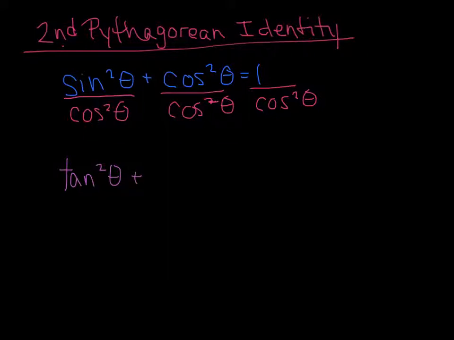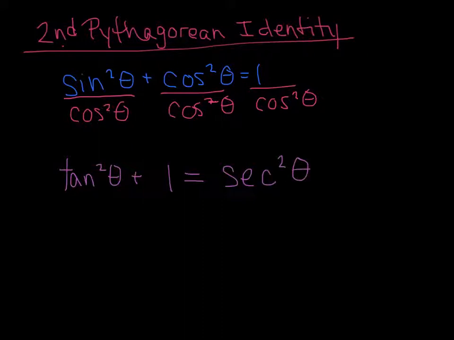If I divide cosine squared by cosine squared, when you divide a term by itself, you end up with 1. And 1 divided by cosine squared, since 1 over cosine is the reciprocal of cosine, and I know the reciprocal of cosine is secant, gives secant squared theta.